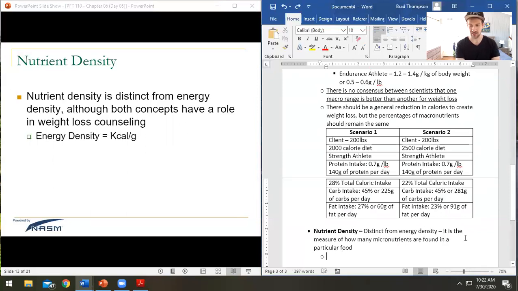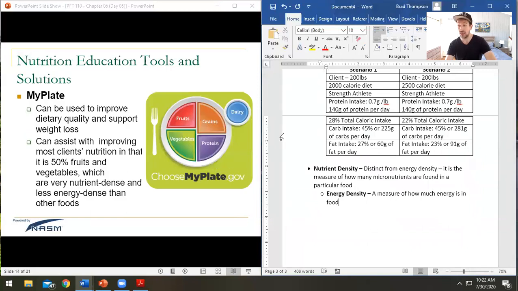Energy density is a measure of how much energy is in food. So we know macronutrients are our energy, that's how we get our energy dense stuff, right? When we are telling our clients to focus on healthy eating, really the message is we want to focus on foods that are nutrient dense, not energy dense, right?